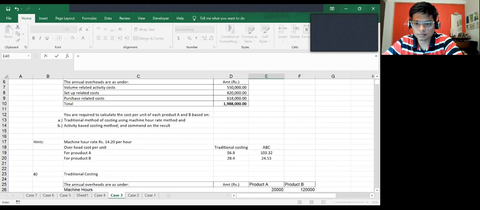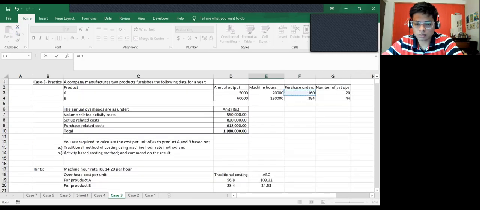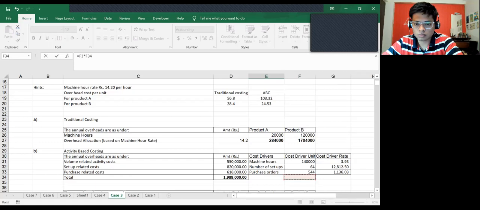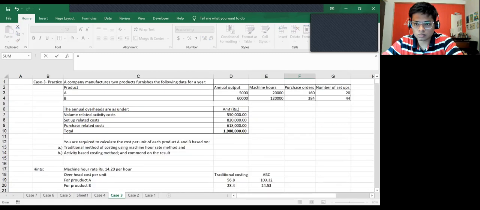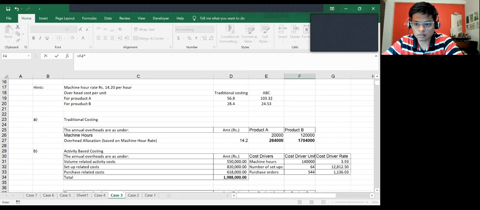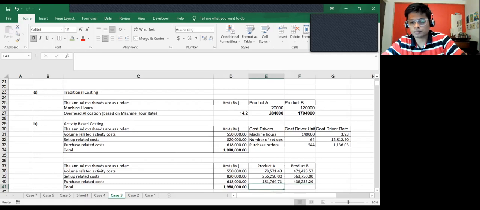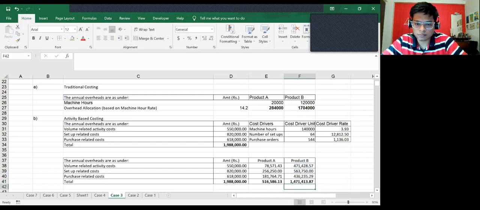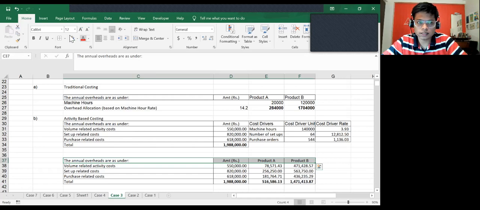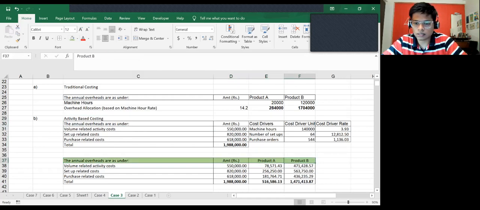Finally, this one multiplied by this one, enter. Now just do a sum. The shortcut for sum is alt and equals. I hope you understood how I calculated the annual overhead using the cost driver rate.